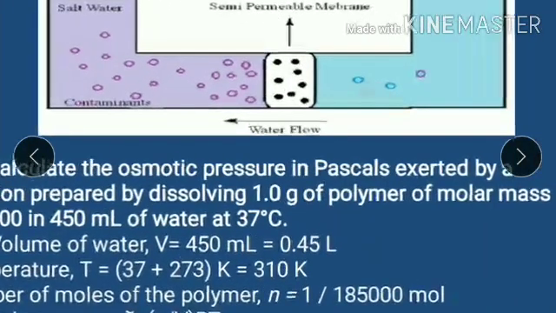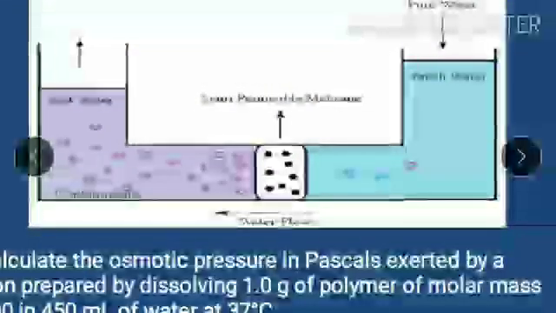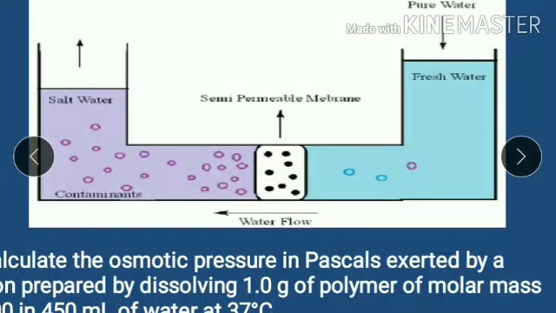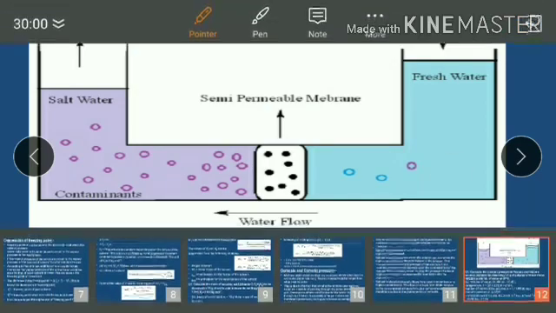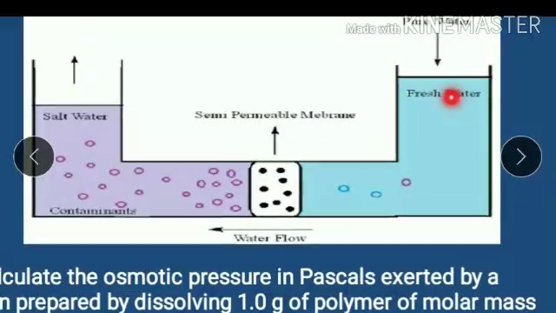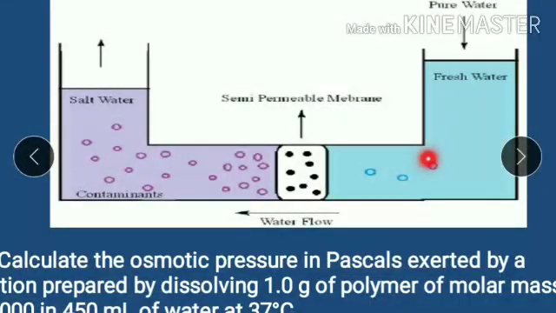This is the pictorial diagram. In this diagram, this is the semi-permeable membrane. This is salt water, and this is the fresh water, that is, pure water. Water flows from the fresh water to the solution because this part contains a high concentration of solvent and it shifts to this part that contains a low concentration of the solvent.